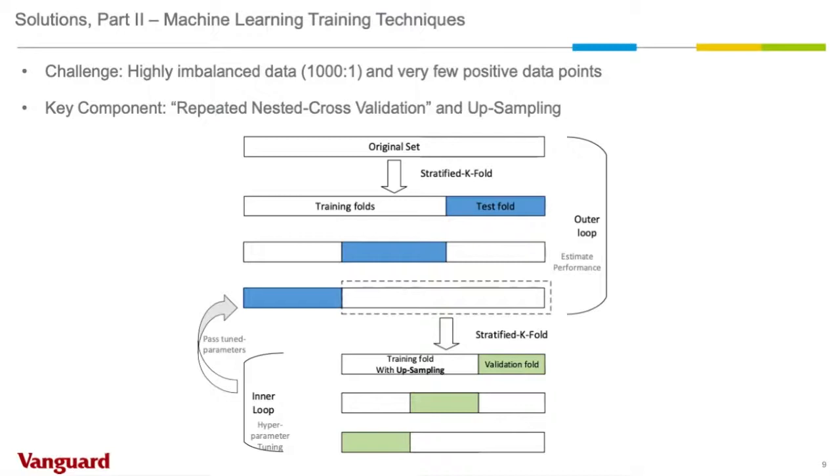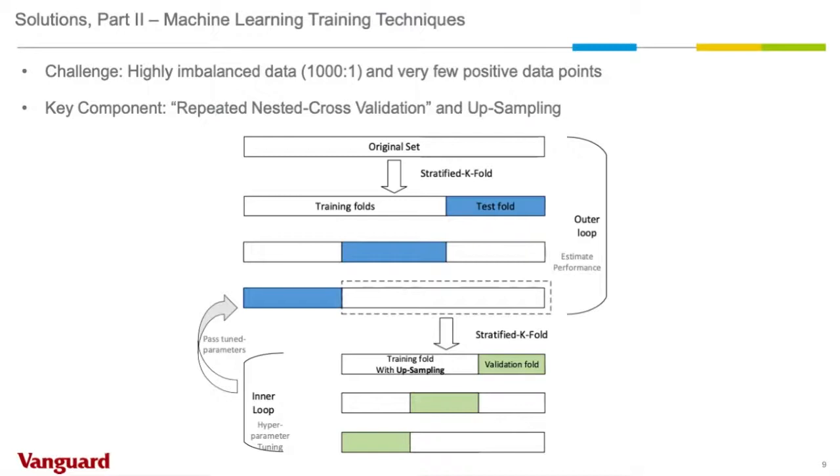So most of the data points you feed into your machine learning algorithm are highly imbalanced. In my case, it's about 1,000 to 1, normal data compared to the true fraud data.